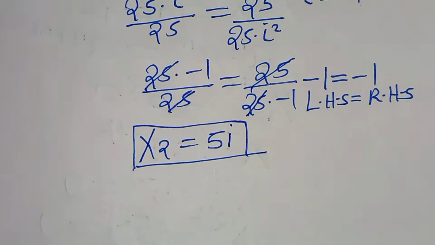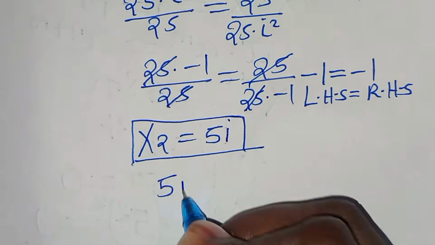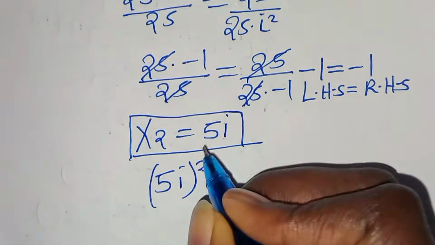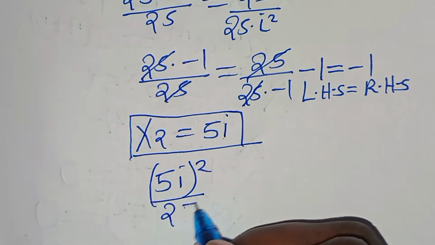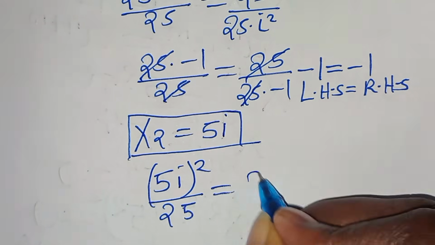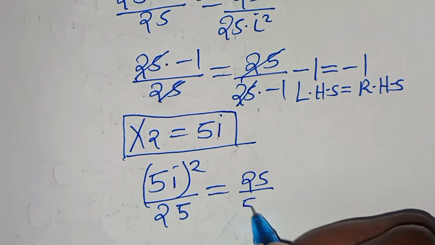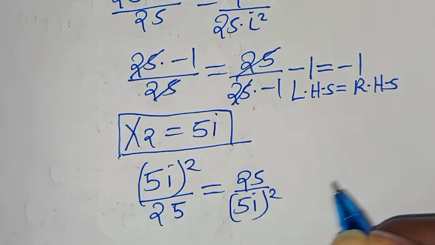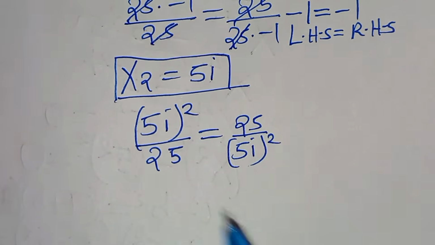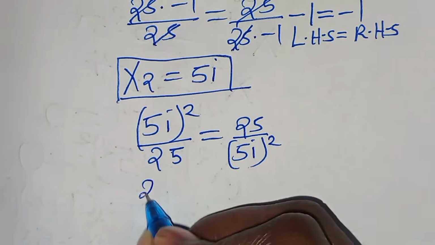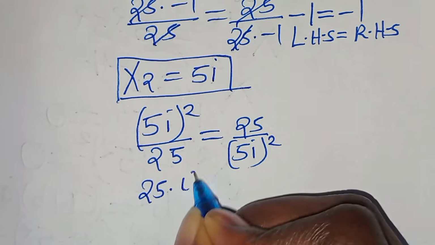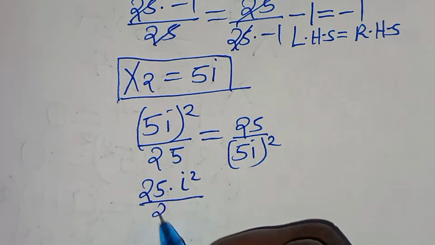Substituting this, we have 5i raised to the power of 2 divided by 25. This is equal to 25 divided by (5i) squared. So therefore you have that 5 squared, which is 25, multiplied by i squared, divided by 25.